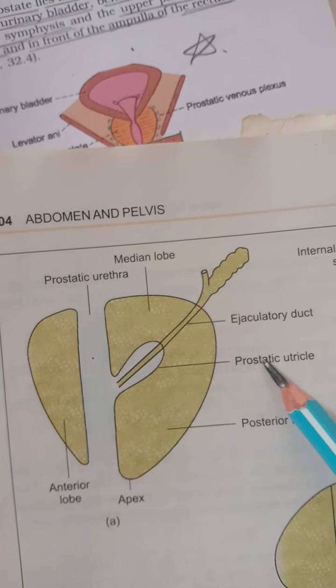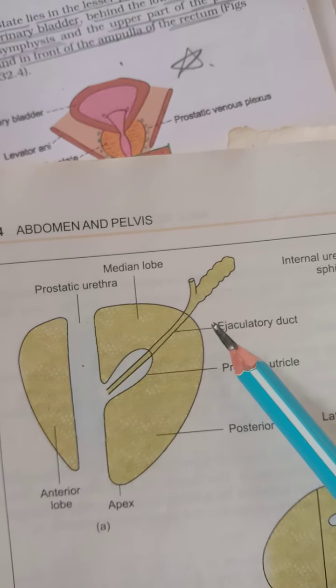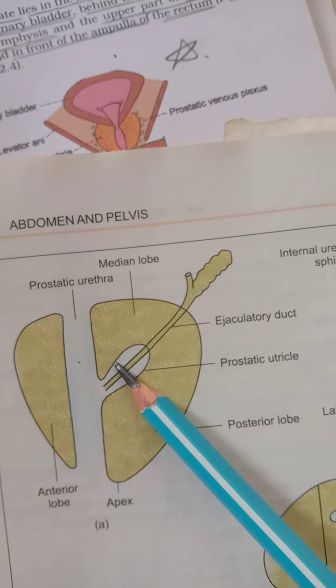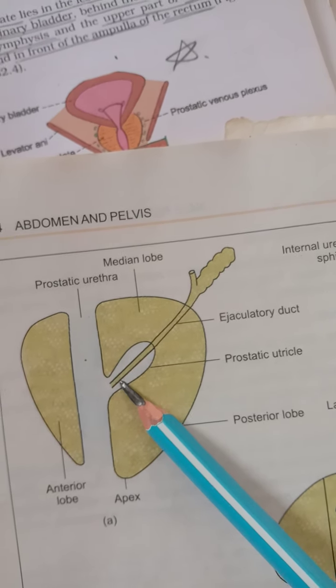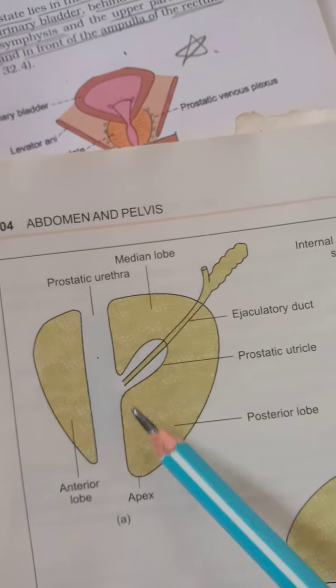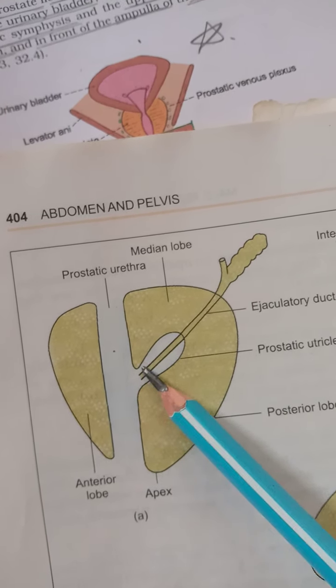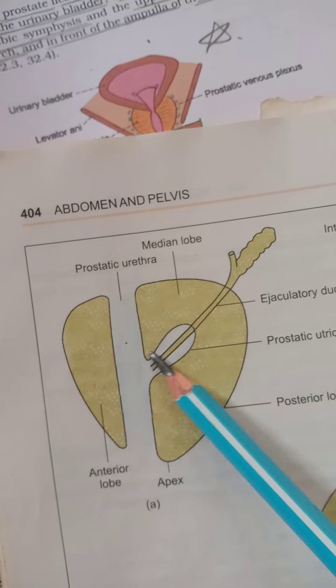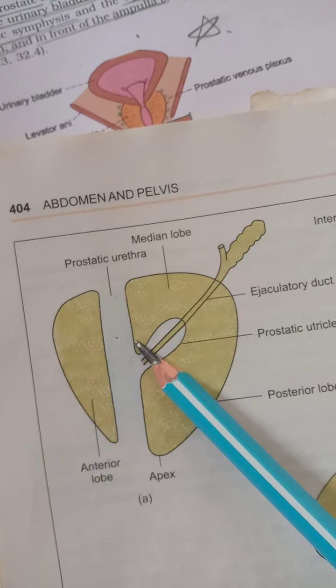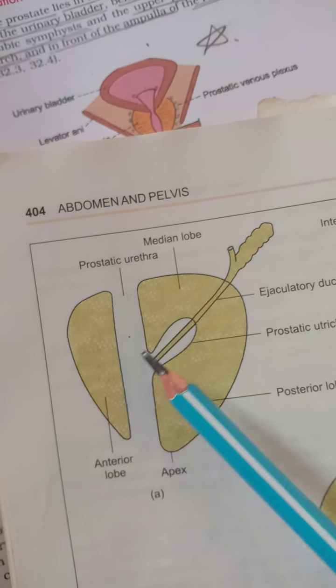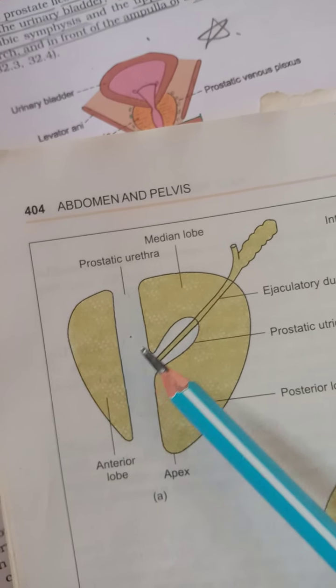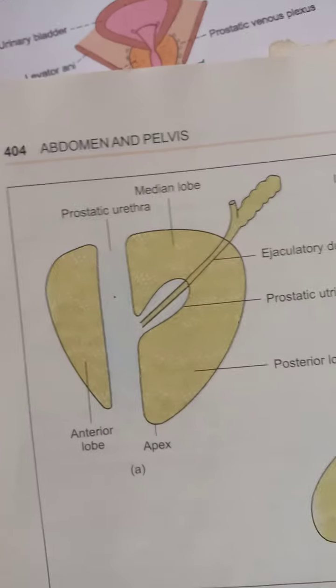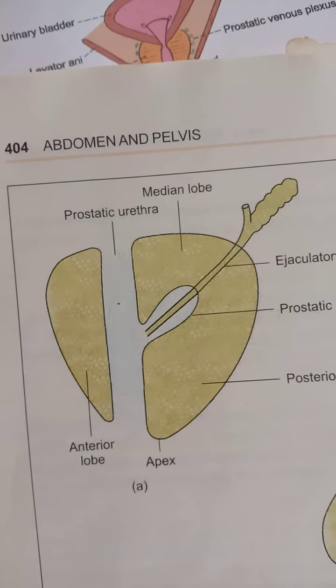Here is the prostatic utricle, and it opens into the posterior wall of the prostatic urethra at the seminal colliculus. This is the prostatic urethra, and here the duct opens, called the seminal colliculus, on either side of the opening of the prostatic utricle. So that is the ejaculatory duct.